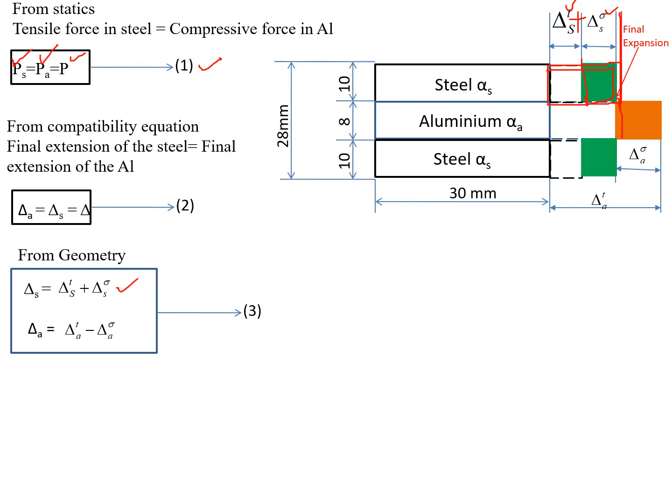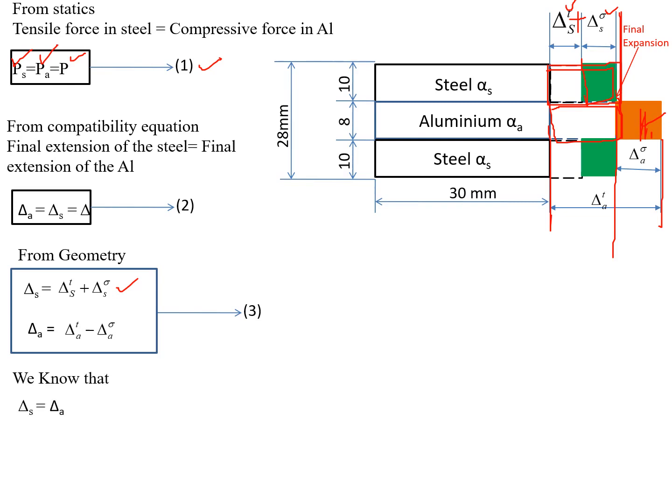Similarly, the final expansion of the aluminium is delta AT minus delta A sigma, which means expansion of the aluminium due to the temperature change minus the contraction due to the compressive stresses. Let us consider this as equation 3.